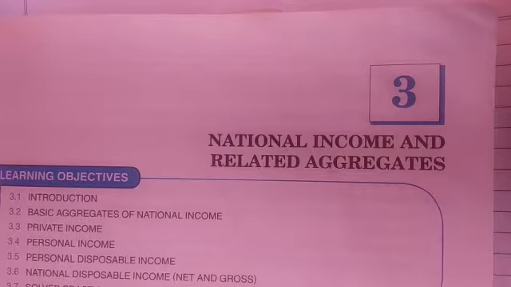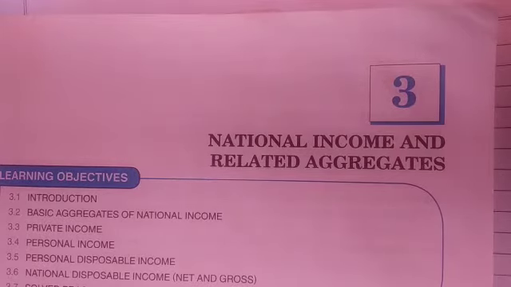Students, as we had already started chapter number 3, national income and related aggregates, in which we discussed some topics about GDPMP, GDPFC, NDPMP, NDPFC, GNPMP, GNPFC, NNPMP, NNPFC, in which we come to know NDPFC is domestic income and NNPFC is national income.